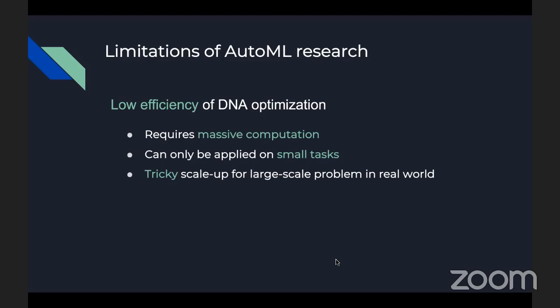It requires a massive computation to optimize. That means for the trainer part, it can only afford to run on small tasks. For example, in most cases we use CIFAR10 as a trainer job instead of the ImageNet, which is much bigger.